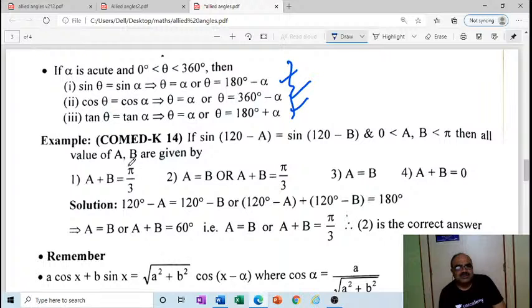Then all the values of A and B are given by. We have 4 options. Please work out.